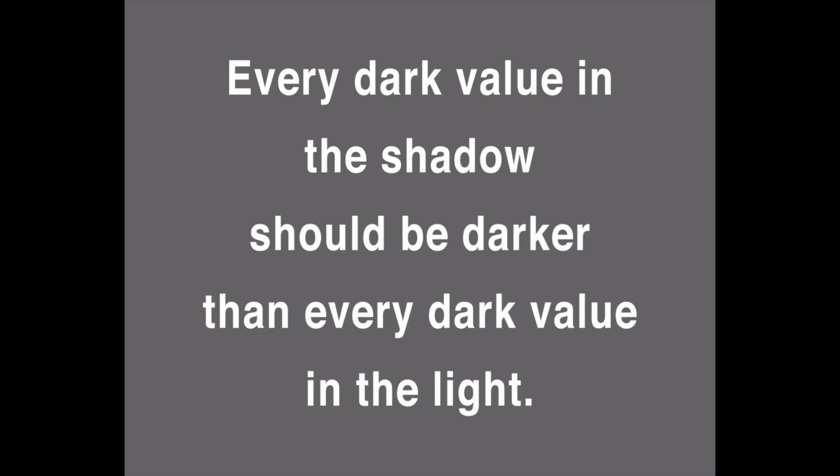Here's that concept, and I thought I would write it down almost like a PowerPoint, because some people see things, read things, and they can remember it better. And some people just like to hear it. So every dark value in the shadow should be darker than every dark value in the light. If you make your reflected light too light, it will pop it forward, and we will think that it's in the light.